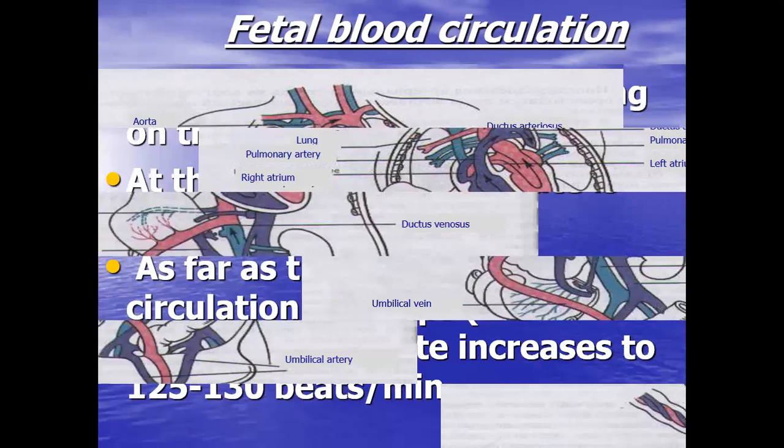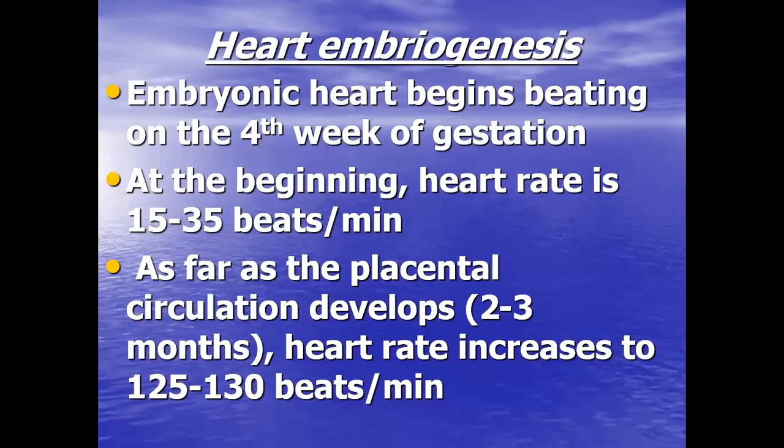I'd like to tell you that the first contraction of the fetal heart takes place in the fourth week of intrauterine development. First, the fetal heart rate is rather low, nearby 15-35 beats per minute.